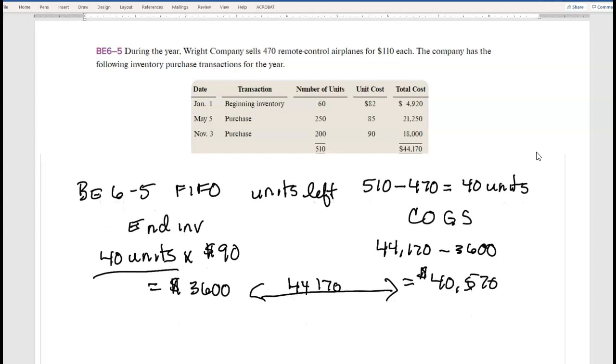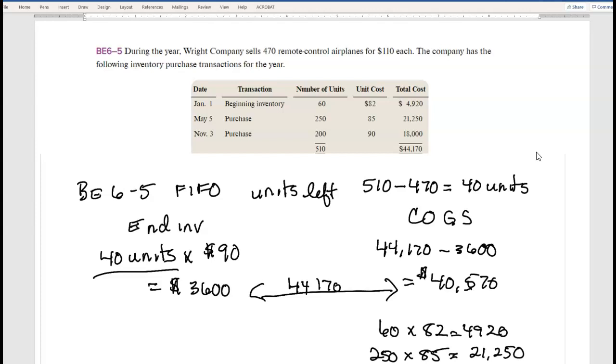Now I could work this out. I could say 60 times 82, which is 4,920, 250 times 85, which is 21,250.